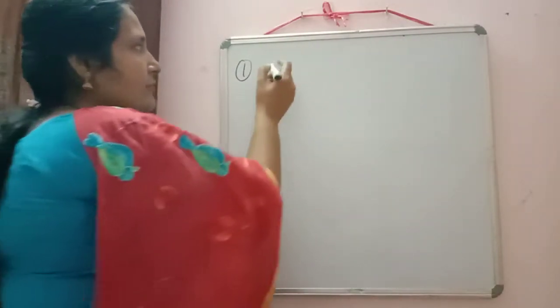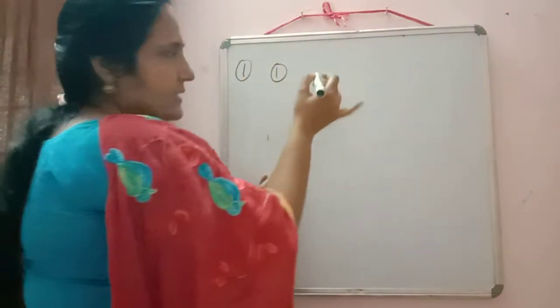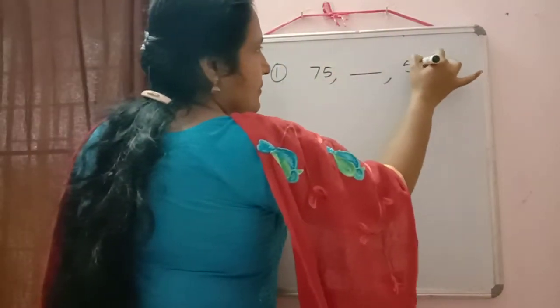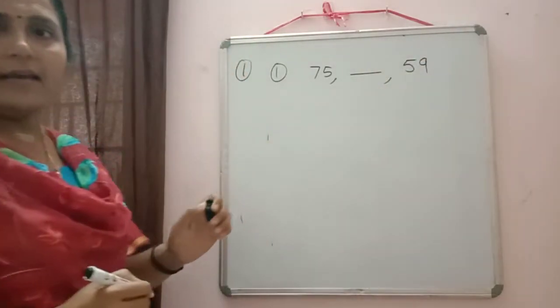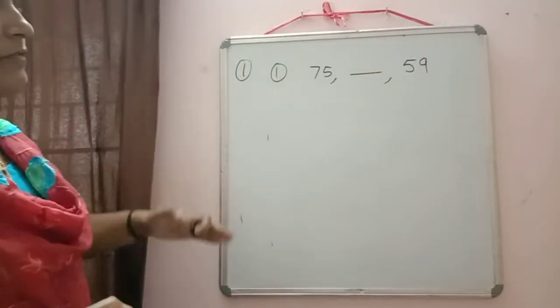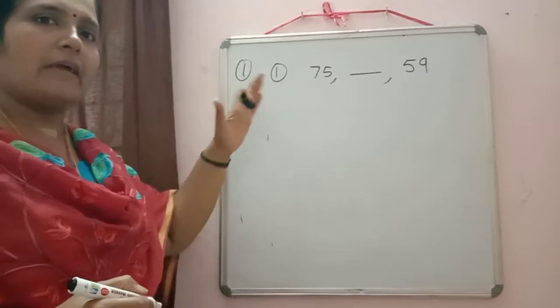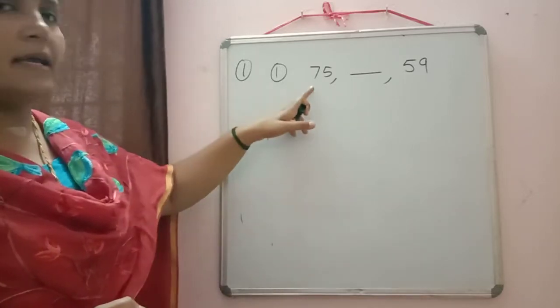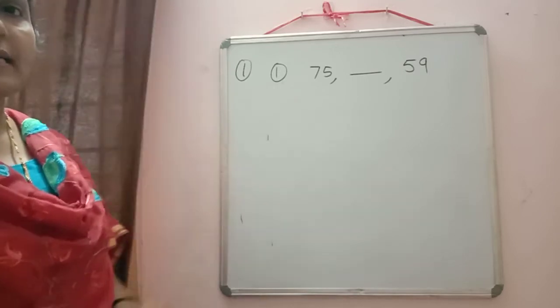In the first question, 75 is given, the second term is not given, and the third term is given as 59. Now we'll use the concept of AP to solve these questions. As we know, here a is equal to 75.